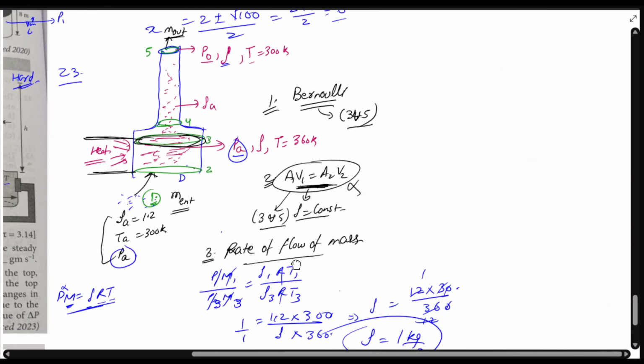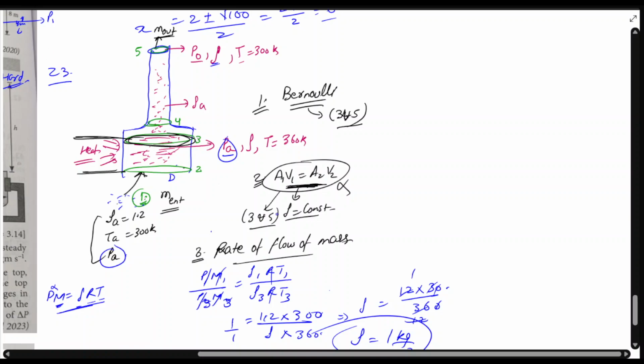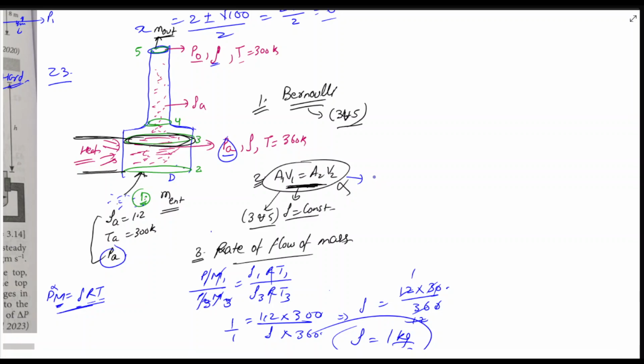Now let's use these. First let's use this. So we have A1, where we are using it at 3 and 5. So A at 3 will be pi capital D by 2 to the whole square, and let's just say velocity here is v, and here it is v naught.